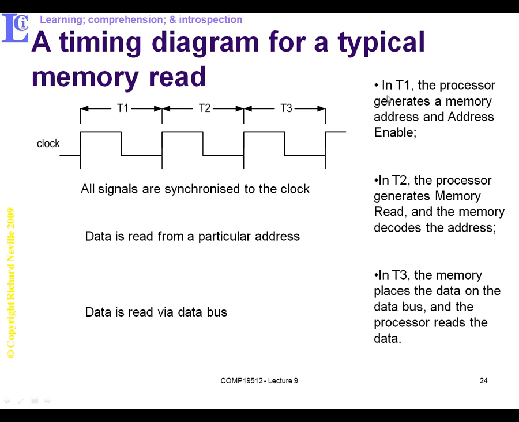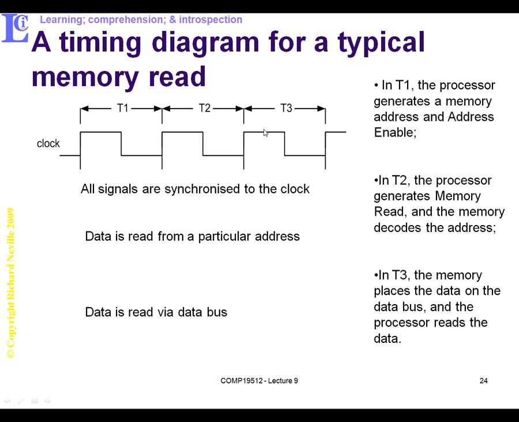And what's going to happen in each one of these periods, in period T1, this one, we're going to generate a memory address, and then we're going to enable it and tell the memory that that's a valid address. So that's really 2 steps.